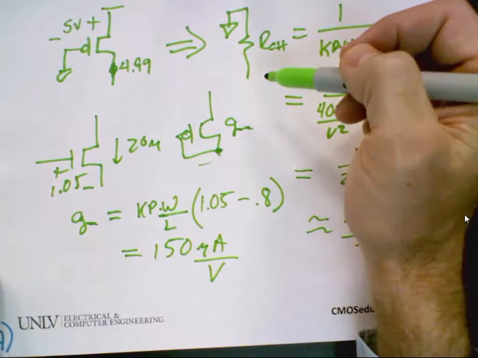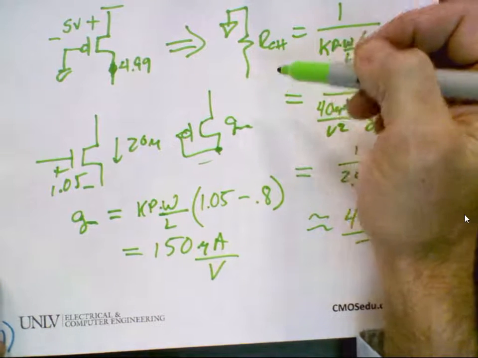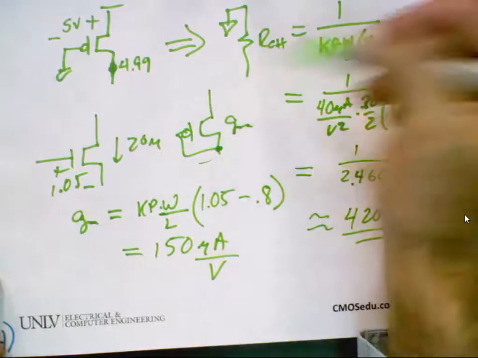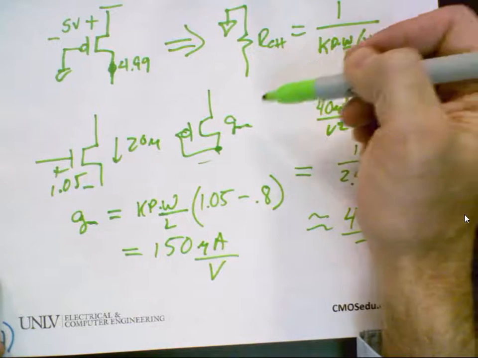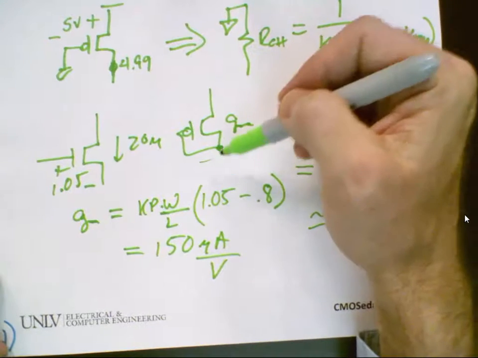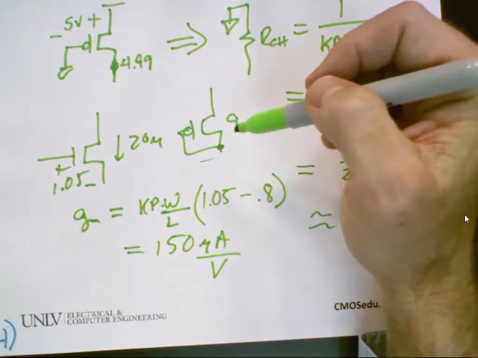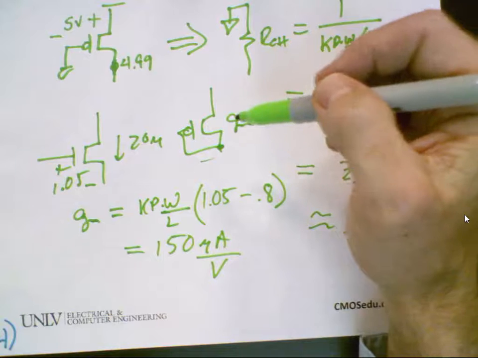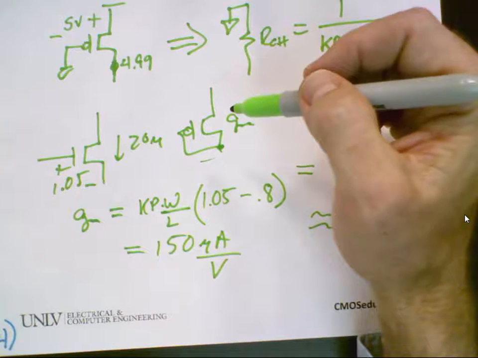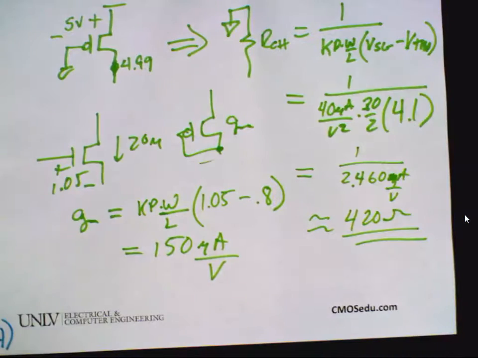What region is it in? Saturation. If there's no current flowing through it, it's off. It can't ever operate in triode. It can either be off with no current or in saturation with the gate and drain at the same potential. Remember, I said we're going to use this over and over again. It's part of a current mirror, so it's in almost every analog circuit we're going to analyze.